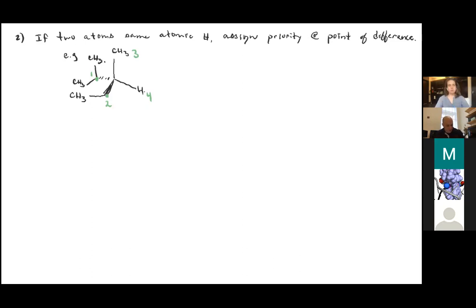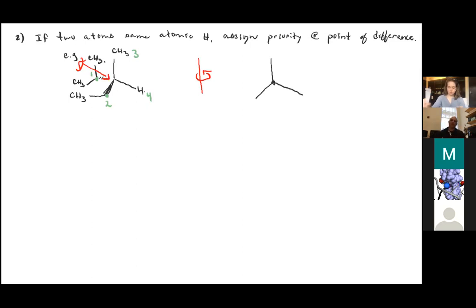And so again, if I want to go through the actual assignment, I look down the carbon, the bond to the lowest priority substituent, so that's the hydrogen. In this case, to draw the Newman projection, I'm going to rotate like this. And what I end up with is an orientation like this.